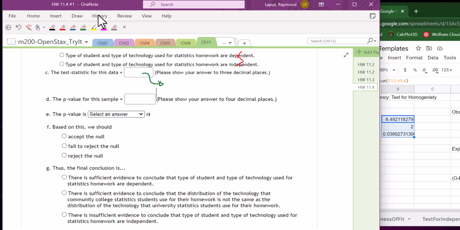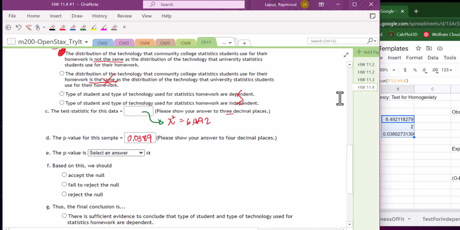They don't ask you to identify your variable for test statistic, but we should put chi-square there. And then we got 6.492. That's good to 3 decimal places. And our p-value that we got here was 0.0389. And so that's our p-value.